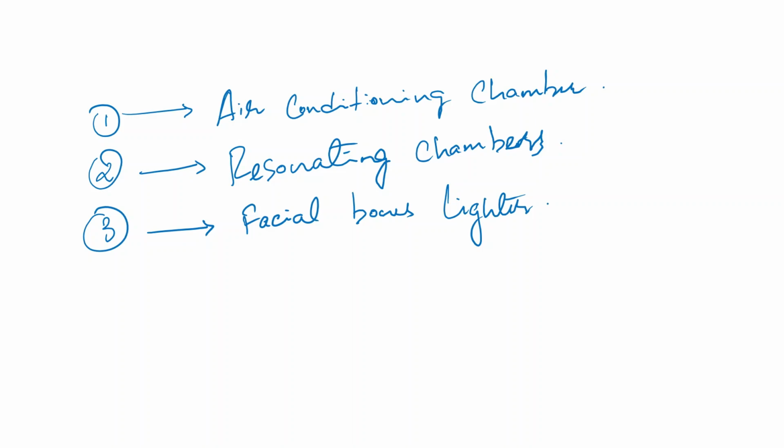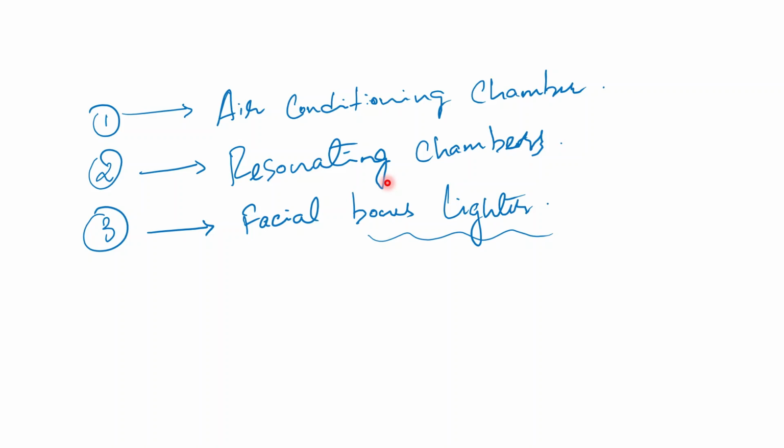So these are the primary functions of the paranasal air sinuses. That is, the sinuses act as the air conditioning chambers, they act as the resonating chambers, and they are mainly responsible for the light nature of the facial bones.